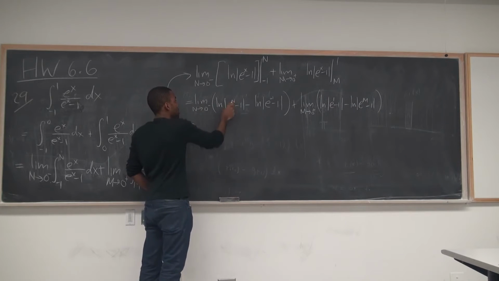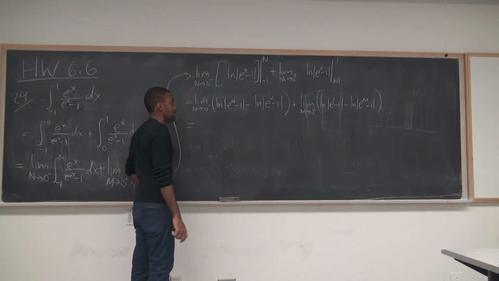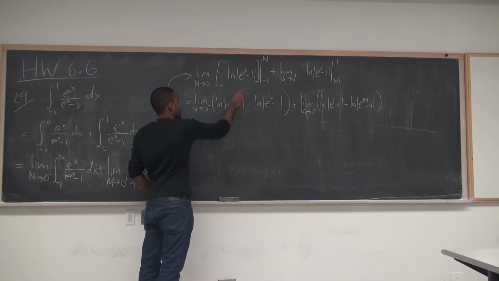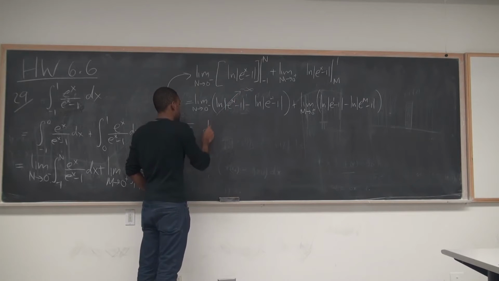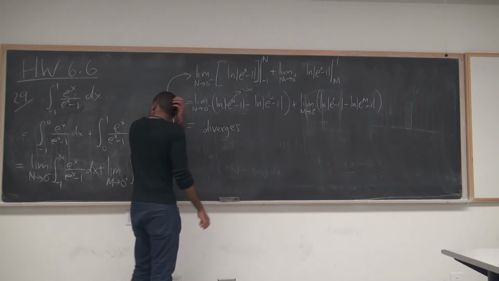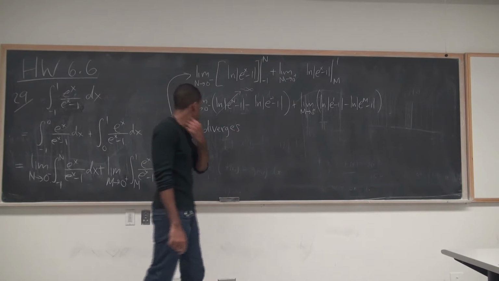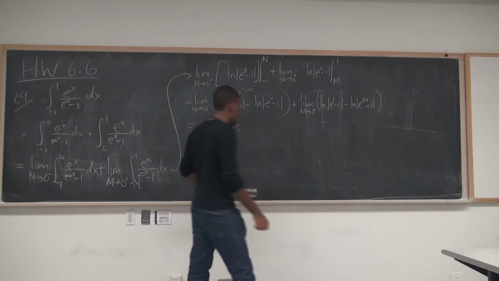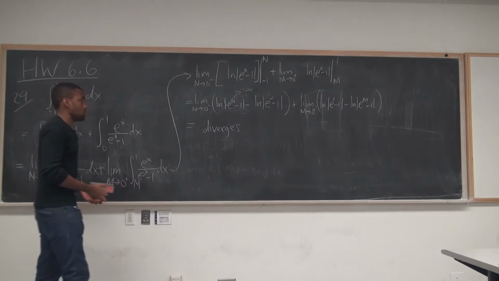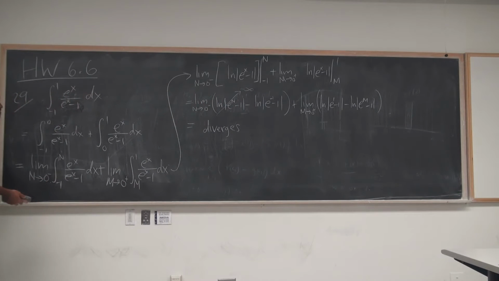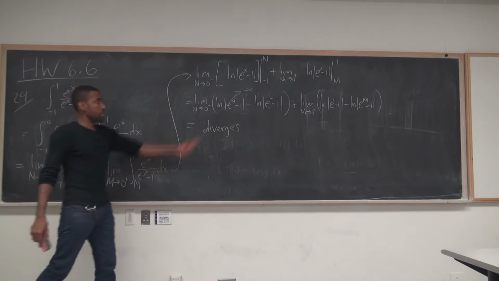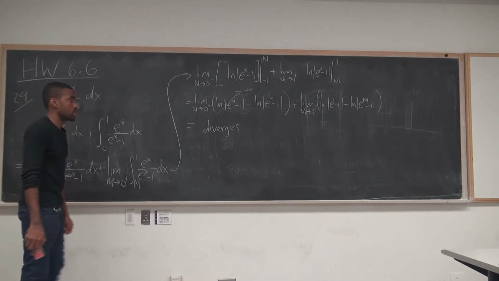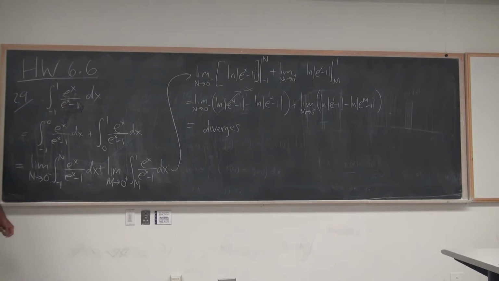Okay, as I let n approach 0, what's going to happen? Right, this guy's going to diverge, negative infinity, diverges. Because I end up with ln of 0. You could just stop right there, right? Yeah, I don't care about anything else.